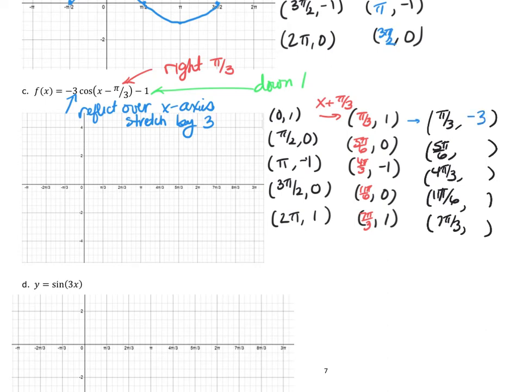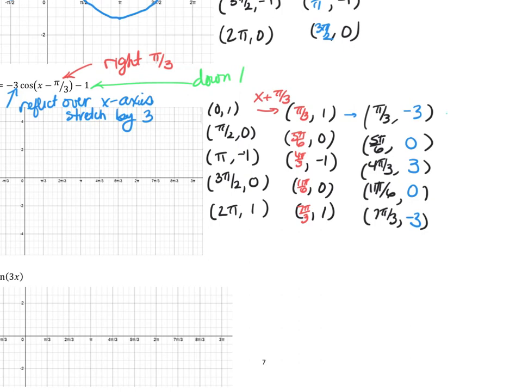So it goes to negative 3, and then 0, and then positive 3, then 0, then negative 3. And then my last step is I'm going to move them all down 1. To save time, we know this is going to go to negative 4. This is going to go to negative 1. This is going to go to 2. This goes to negative 1, and this goes to negative 4.